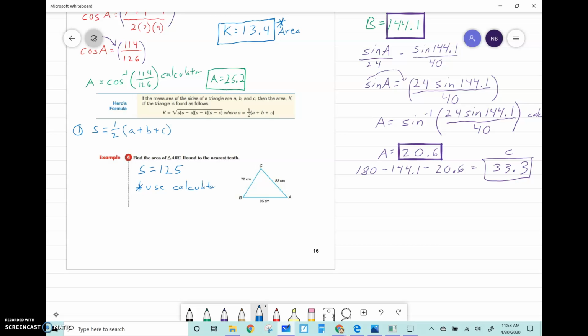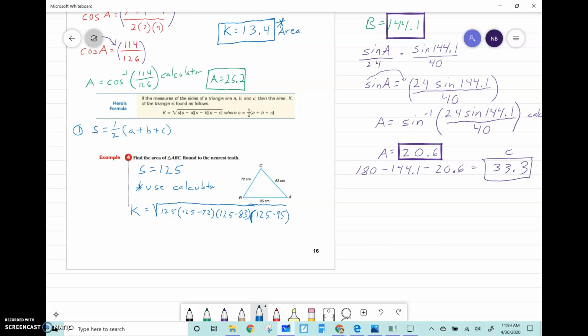So we're going to say K equals the square root of S, which is 125, times 125 minus A, which is 72, times 125 minus B, which is 83, and 125 minus 95.